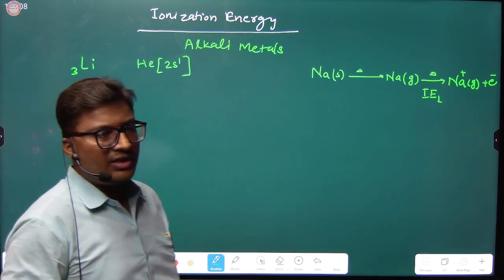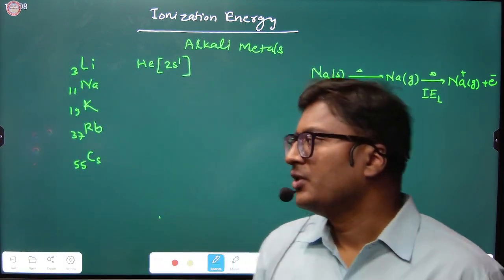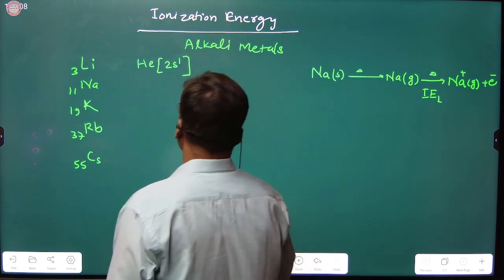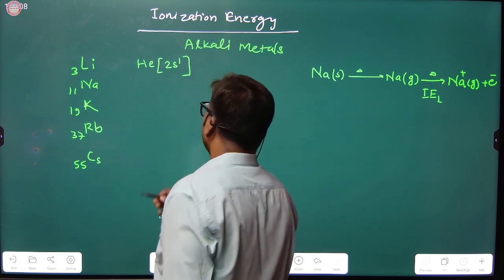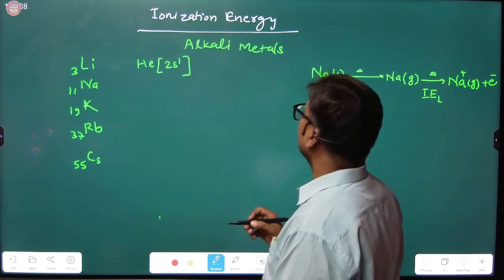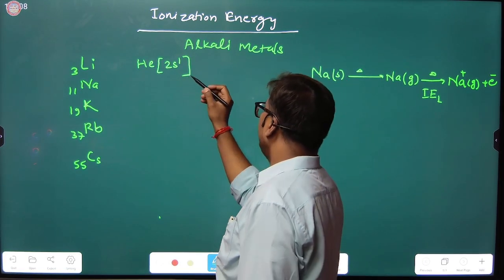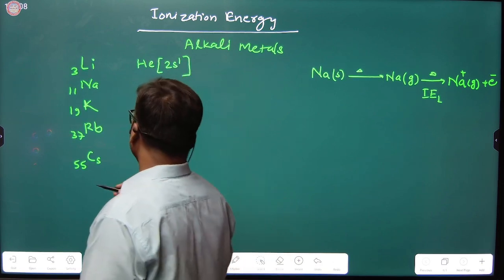This is the electronic configuration of lithium, and it is just one electron more than that of helium. So the outermost shell configuration is 2s1.